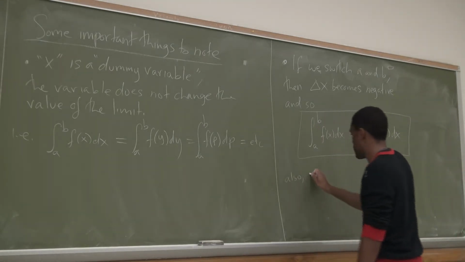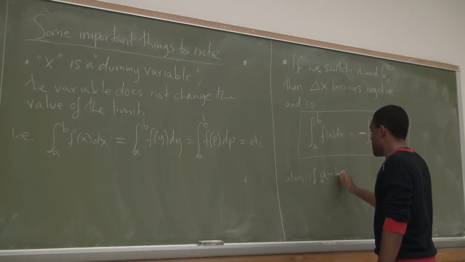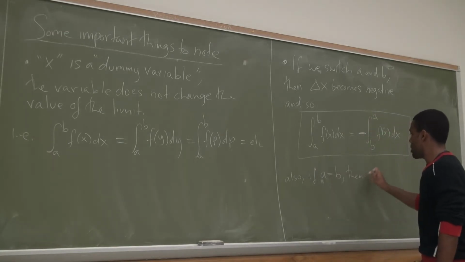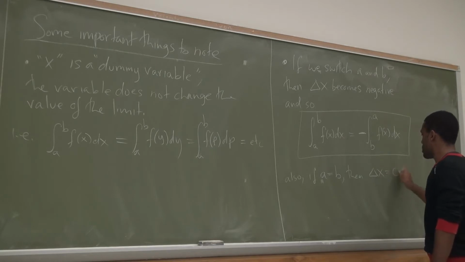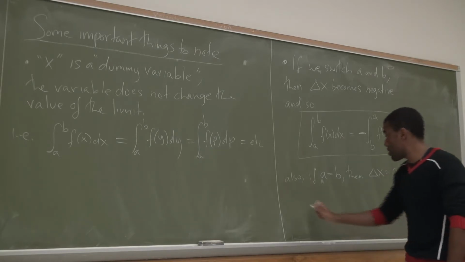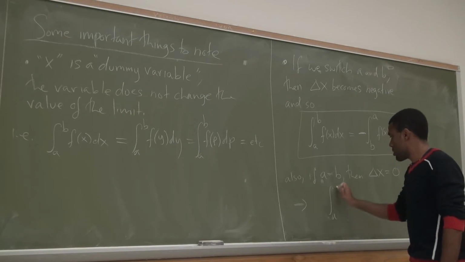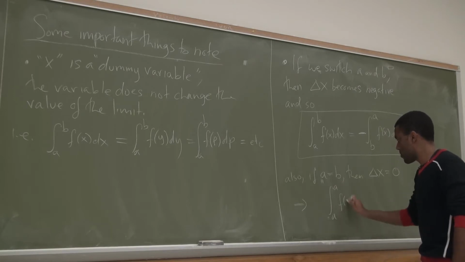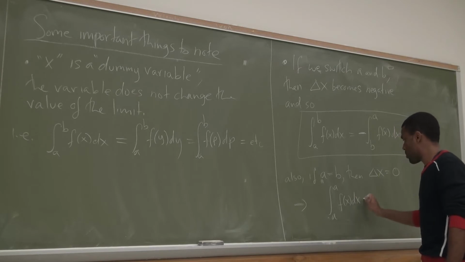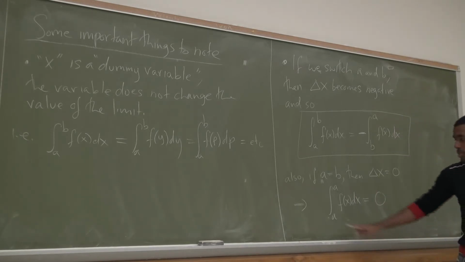Also, if A is actually equal to B, then delta x is actually equal to 0, so I'm just adding 0 over and over. So this implies something else that's very important. If the upper and lower limit are the same thing, the answer is 0.